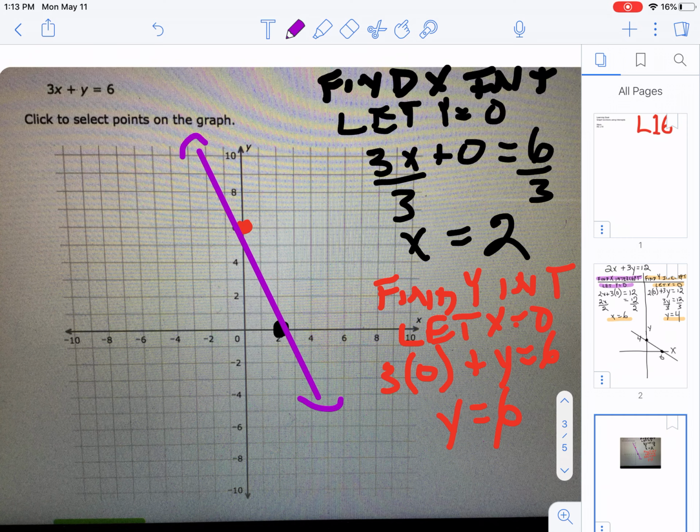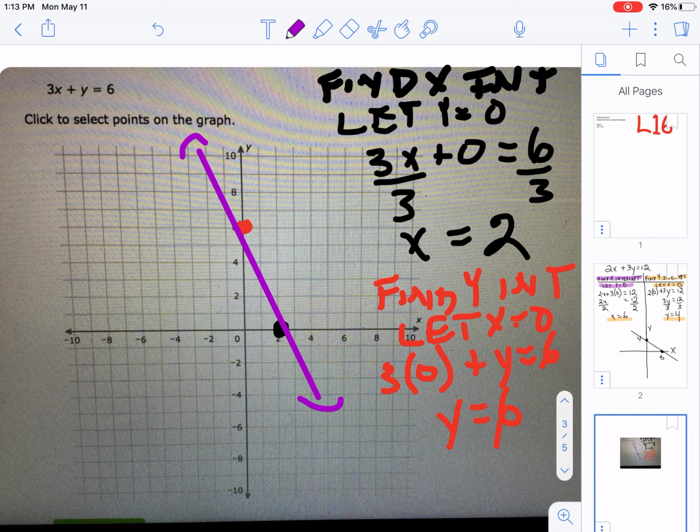Okay, this is the same process, it just looks different because the numbers are bigger, but no problem. So in the first case, we're going to find the x-intercept. And the way we do that is we let y equal 0.